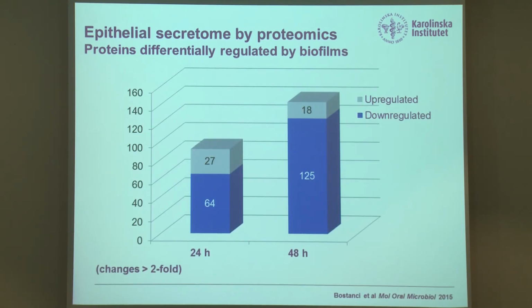These are the differences of the upregulated and downregulated proteins in response to the biofilm over 24 and 48 hours. You can see that the upregulated proteins were 27 at 24 hours. The downregulated were more, where we had 64 proteins going down over 24 hours.